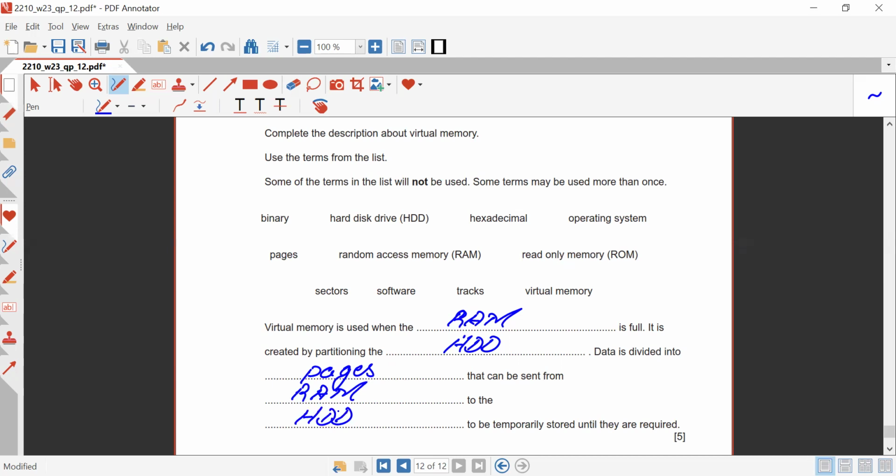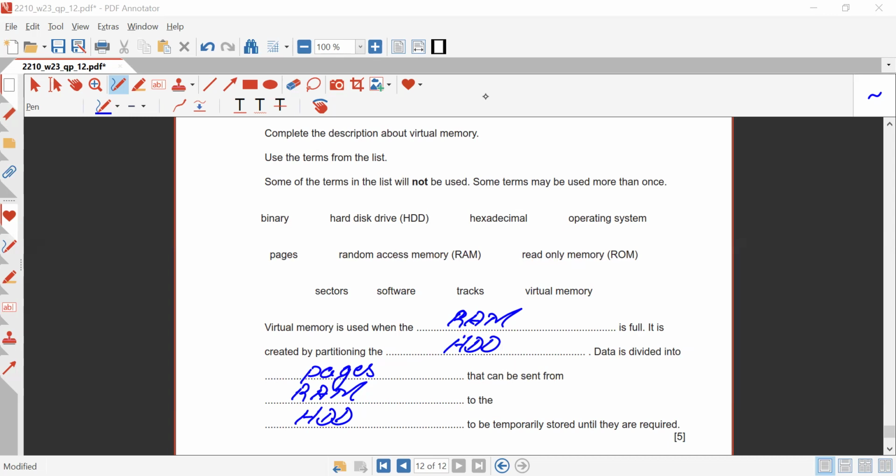We have created the partitioning in the hard disk drive, so they will be sent to the HDD until required. Once the RAM is free, they will go back there. Pages are created in flexible sizes, as much as required.